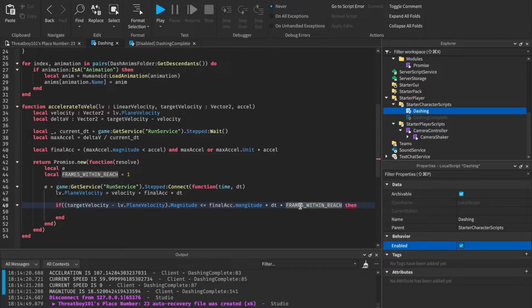Basically, I'm saying that if we're close to our target velocity by 1 frame, meaning within another frame we'd have reached our target velocity, then I'll consider that as reached. We don't want to compare directly against 0, because we're dealing with floating point decimal values. When you're dealing with floating points, you always have to work within a certain range. You can't be exact about it.